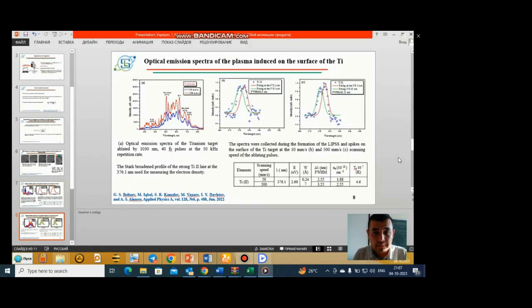Optical emission spectra of the plasma induced on the surface of titanium. The Stark broadening profile of the strong Ti II ion line at 376.1 nanometer was used for measuring the electron density.